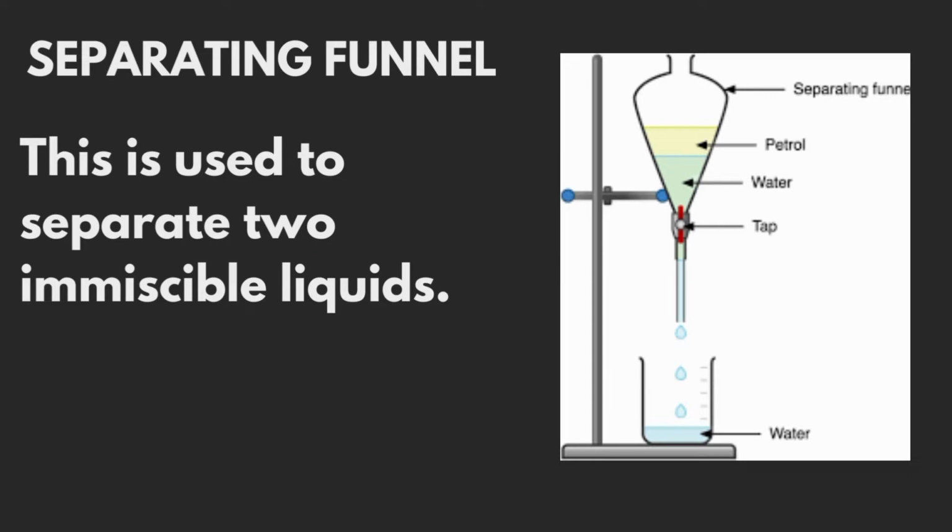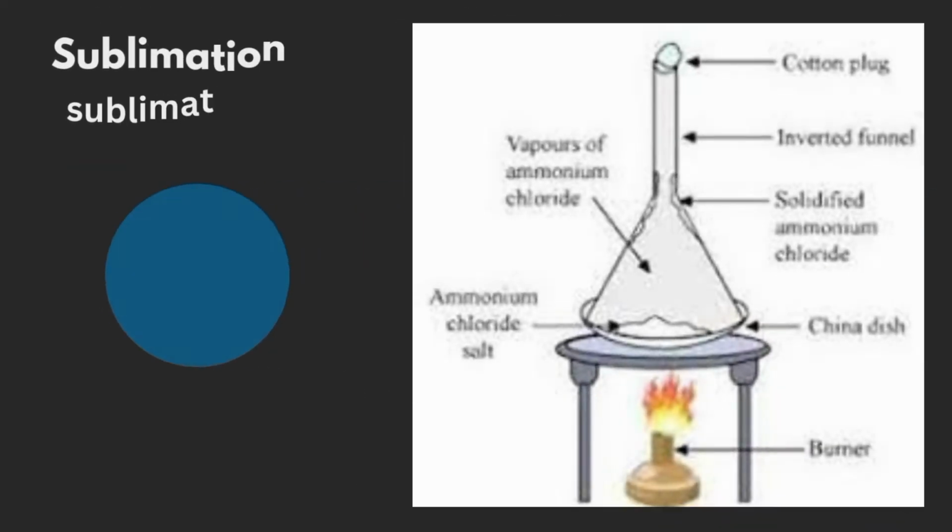When water and kerosene are mixed together, they separate out into two distinct layers. The lower, denser liquid layer is usually tapped off, leaving the upper, less dense layer in the funnel. So you take note of this. A separating funnel can also be used to separate a mixture of oil and water.